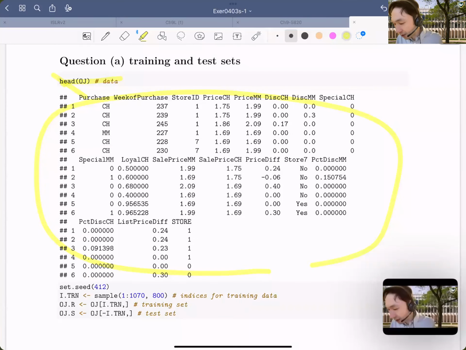We have two stores to purchase some product, two brands for orange juice, and which brand they purchased is the response variable.